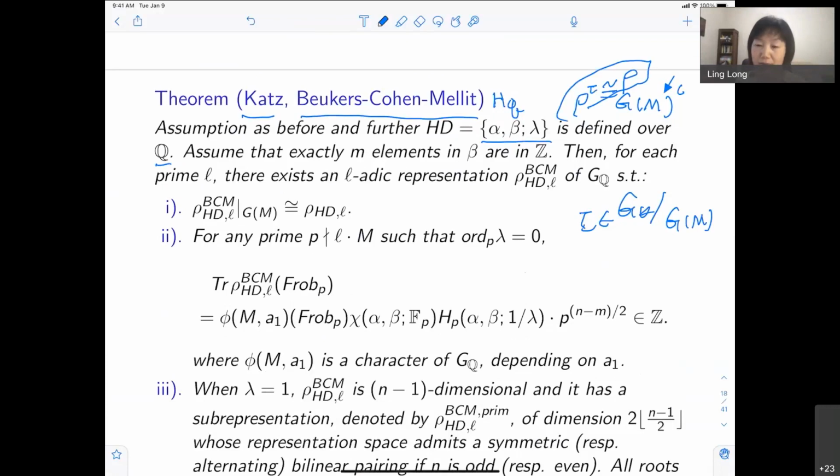So it tells you that you can lift this representation from G_M up to G_Q. And as we all know, such a lifting is not going to be unique. It's up to all the characters in the quotient group. And the next statement is, yes, this can be lifted. There are different choices. Do I have a preferred choice? Now I can tell you there is one choice, which is given by the HQ function, because the HQ function corresponds to a global point count on a toric variety, so that I know they will be globally compatible.